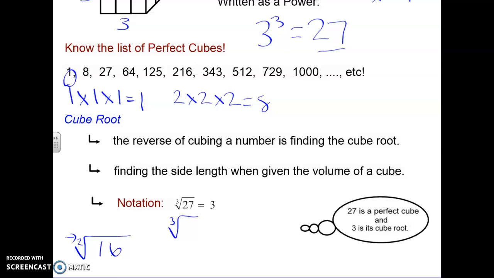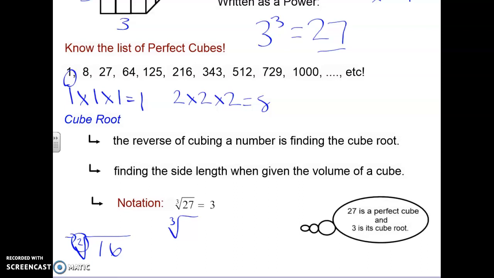And we know that that number is called the index. We remember that from the previous example that we did. So in our example here, the index is 3, so we know that this is the cube root.